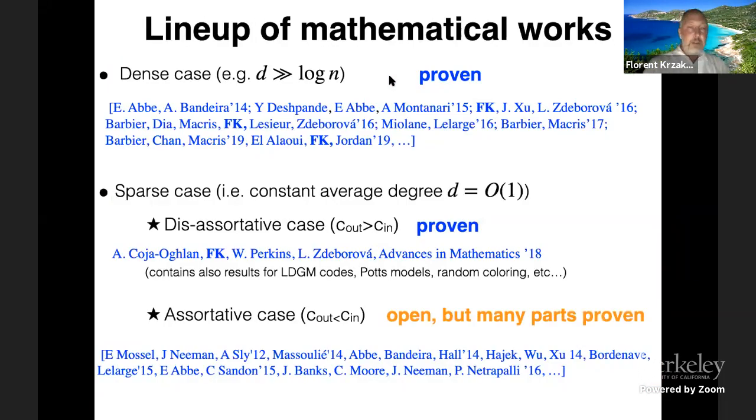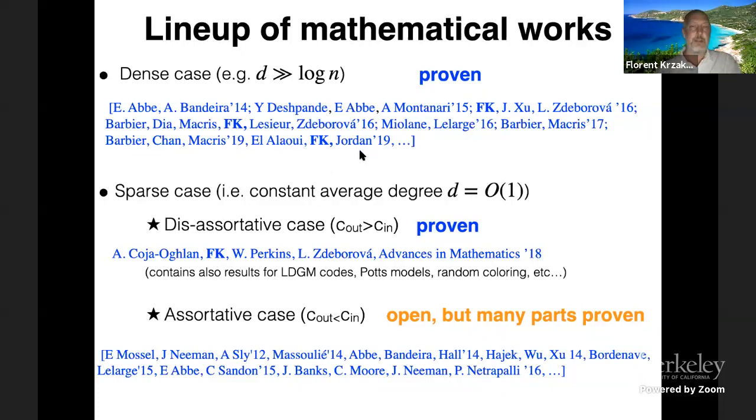Now, after we did this work, there was quite a lineup of mathematical work that followed this prediction and expanded on it quite a bit, actually. And we tried to prove many of these results and to build on them and to go beyond them. So the dense case is actually pretty much under control. Everything is rigorous now. There has been a really long series of works, so I'm not going to read them.